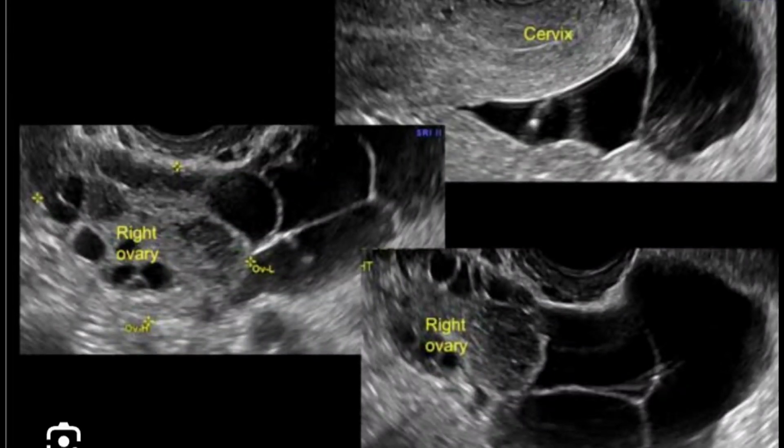Beside this, septa would also be visible, and this septa would be incomplete. So incomplete septa with beads on string sign is clearly visible on this image, and this is a progressive stage of the pelvic inflammatory disease which can be easily picked on the transvaginal scan. However, transabdominal scan will not be able to pick all these minor and subtle information.